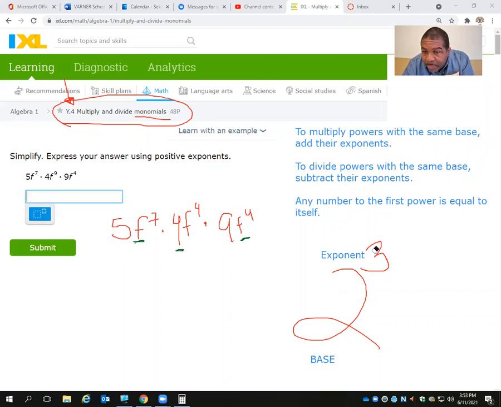All right. See, the exponent would be the small number at the top. The base is the larger number or the larger letter, in the case of f. So in this case, we have f7, f4, and f9. So we're going to add these f's together. So just on the side, we have 7 plus 4, right?